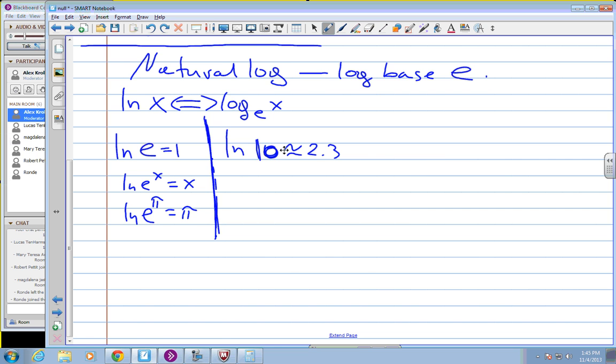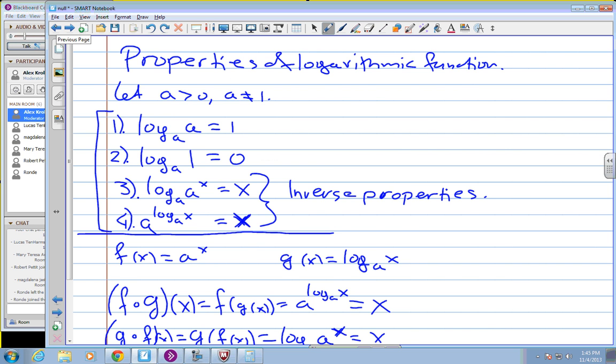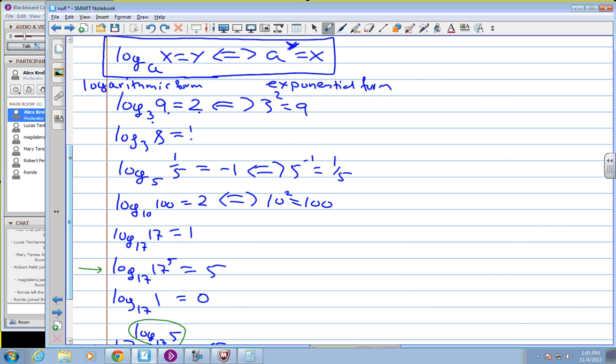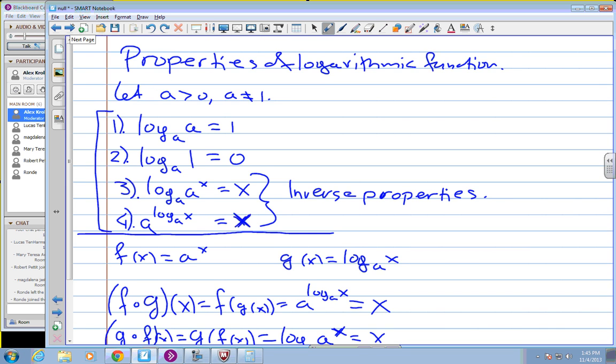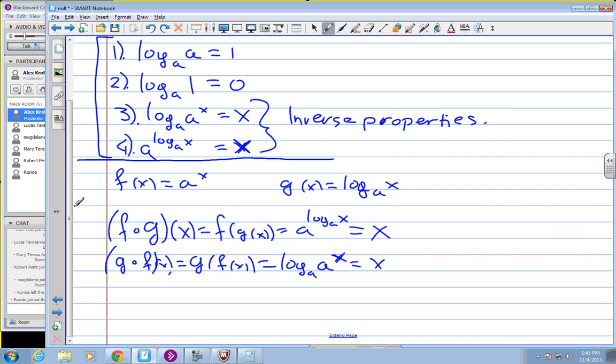But of course, if I go back to what we were trying to do, log base 3 of 8, kind of out of luck there. But how are you doing so far? Do you understand what the log does? Yes?